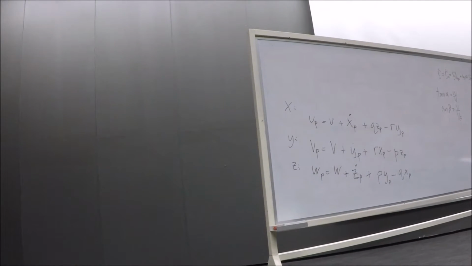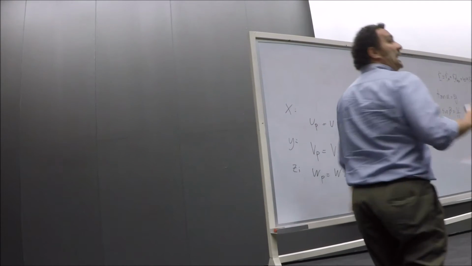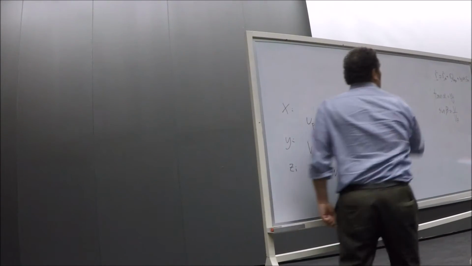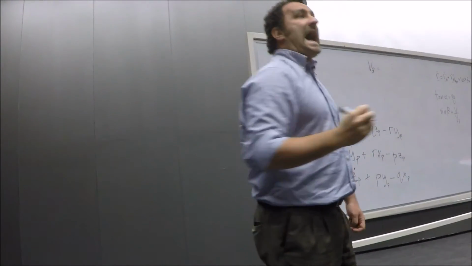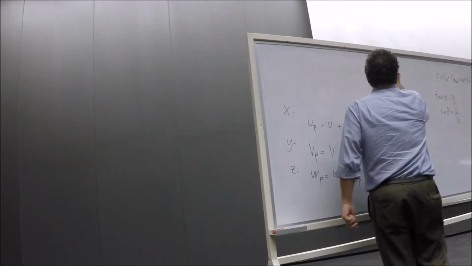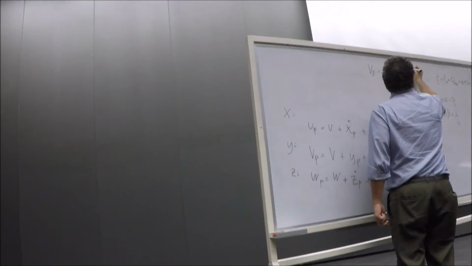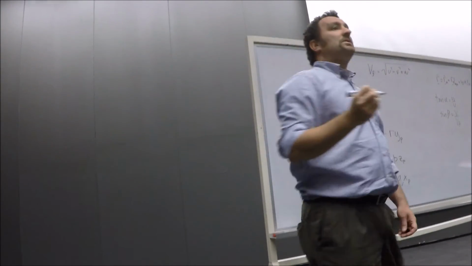So, we also know that a relationship exists between the velocity Vf and the individual components: Vf is the square root of u square plus v square plus w square.